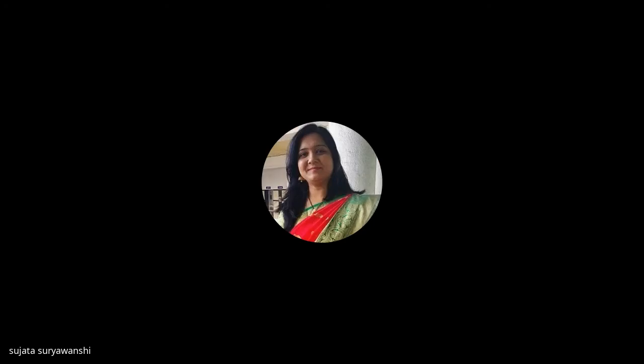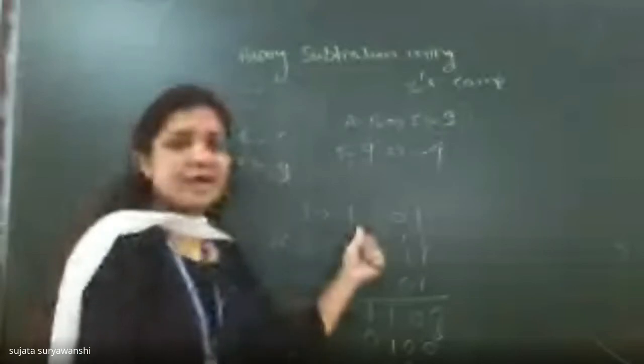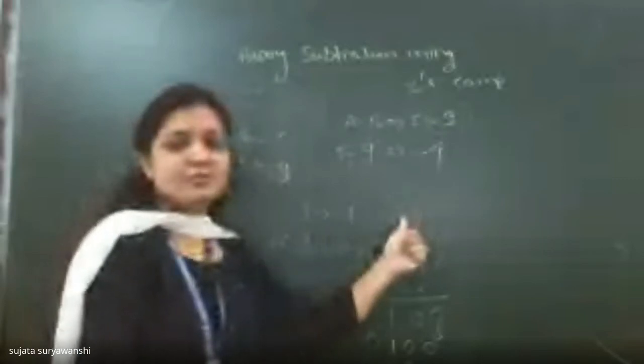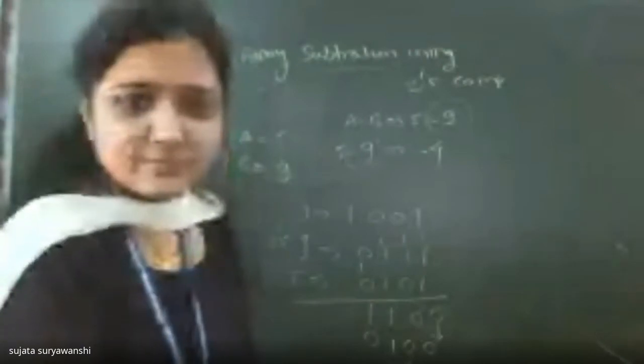Okay. So 9 is represented by 1001. Now I am audible to you? Whether my voice is clear or not?